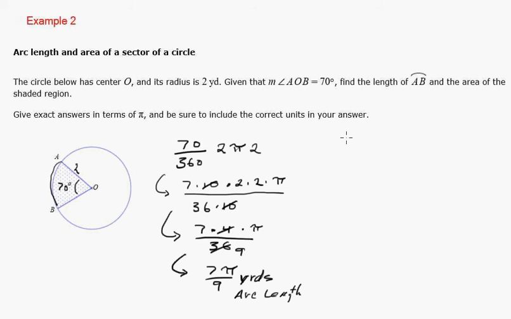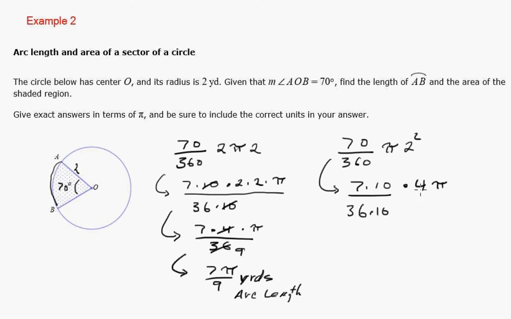Now we do the same thing for area. We go 70 over 360 times pi r squared, so that would be 2 squared. Now that's going to be 7 times 10 over 36 times 10, times 2 times 2 is 4, times pi.